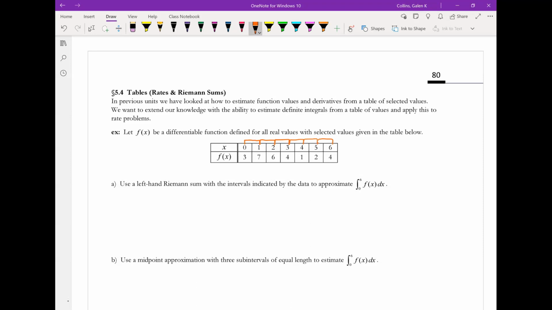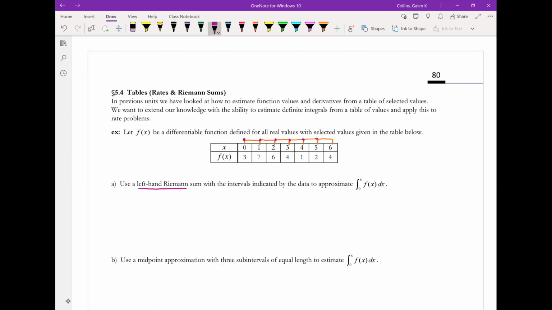So if we are doing a left-hand Riemann sum, that means for each rectangle, we need the value on the left. So I like to put a little dot on the left side of each rectangle. So for my first rectangle, the dot is going to be at f of 0. Then that's the left-hand side of my second rectangle, my third, my fourth, my fifth, and my sixth.